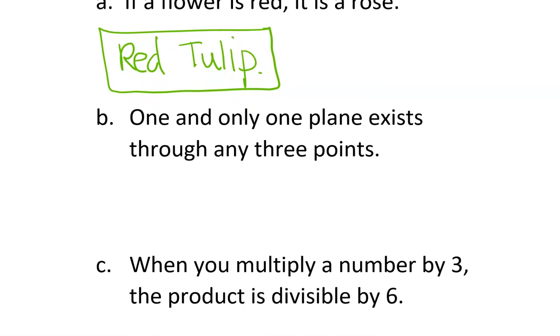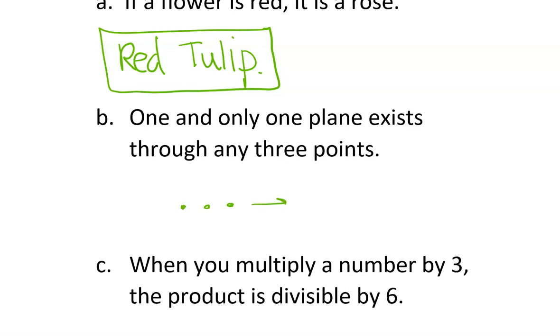One and only one plane exists through any 3 points. This one, you're looking for 3 points. When 3 points are collinear, the number of planes that can be drawn through them is infinite.